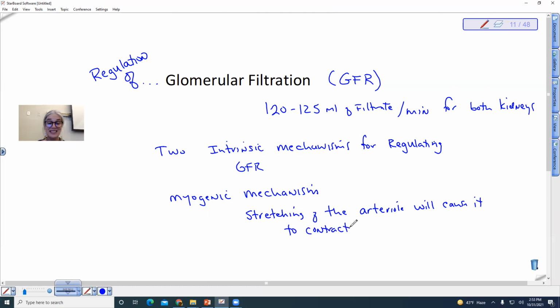And likewise, when it's not stretched, it dilates. This regulates the diameter of the afferent arteriole and the amount of blood that's going into the glomerulus, which is going to affect the pressure, which is going to affect the amount of filtrate that is produced. So this is the myogenic mechanism.